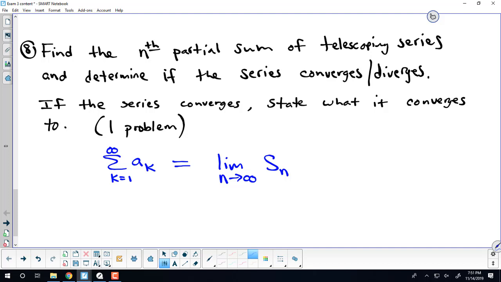We didn't do a whole lot with the nth partial sum because for most of the series that we dealt with, you couldn't really find an explicit formula for that. With telescoping series and with geometric series, you can certainly do that. And those were really the only 2. So one of those questions is for a telescoping series.